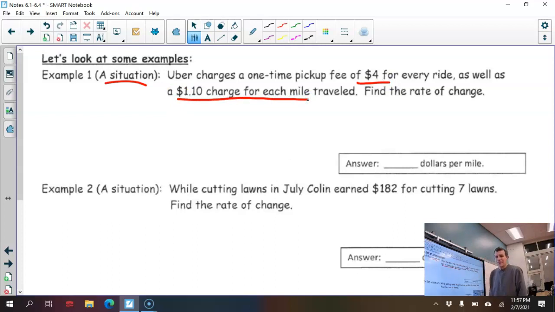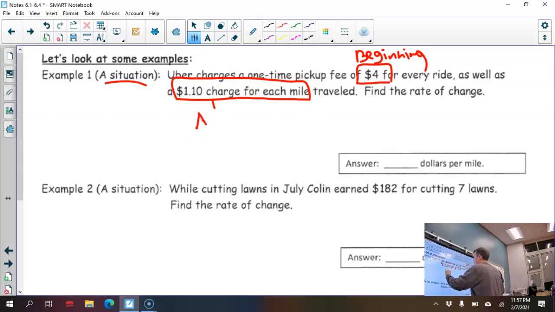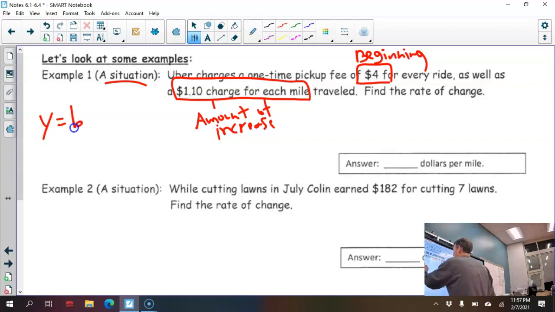Well, you might remember from the last several sections, if I was going to write an equation for this, that this would be my beginning amount, and this would be the amount of increase each time. In fact, my equation would look something like b plus mx.